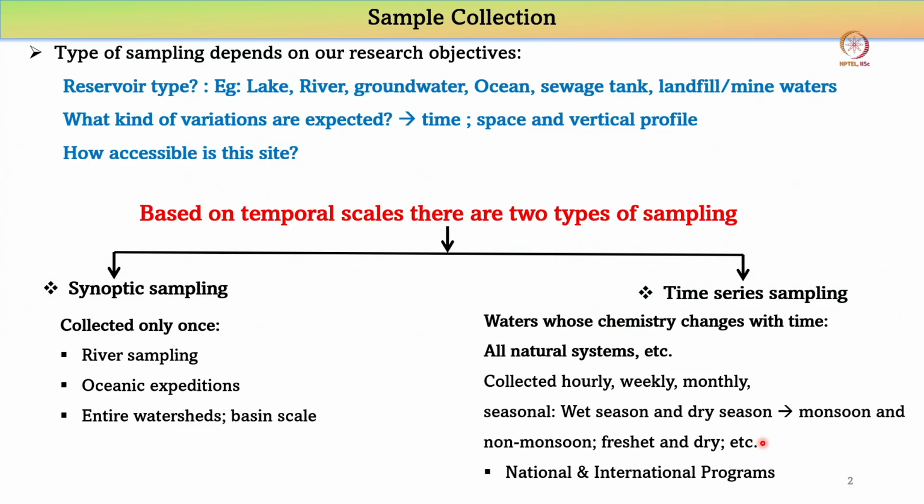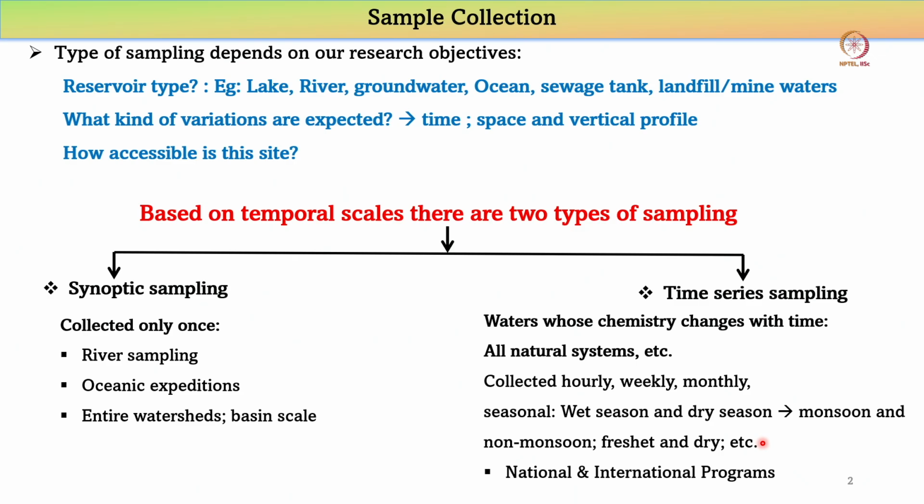Sometimes when we are doing a pilot scale study, we have no understanding of the ground data. So to have an understanding of the ground data, we take a few samples, we analyze them, and then we see, okay, this is our background, and we have to think in terms of these kind of samples.